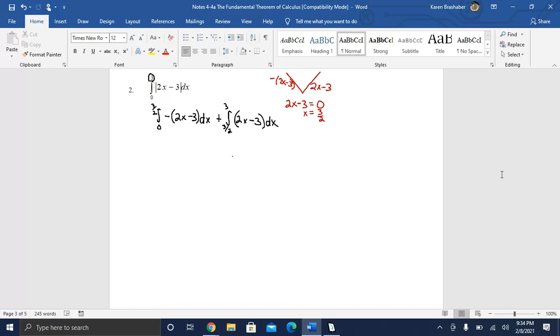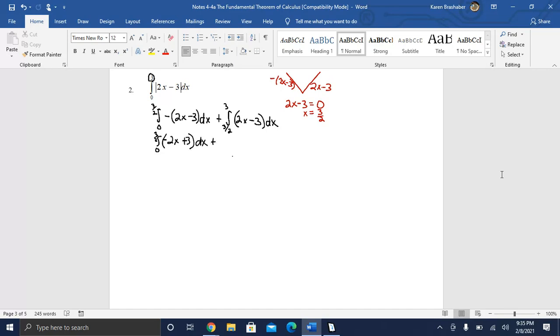So now, actually, I'm going to take one step and distribute that negative sign. So from 0 to 3/2, making that negative 2x plus 3 dx.